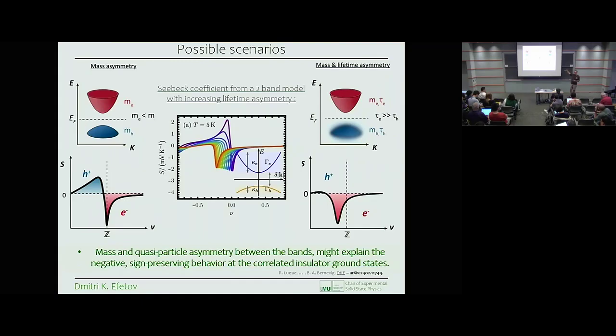It depends on the parameters that you use, and it's really reliant on a finite temperature approximation. If we would go to zero temperature, we would not see this. We would see again a negative Seebeck coefficient. We need to sit at finite temperatures in order to populate both bands, so the kBT has to be on the order of the band gap or energy gap that we have, right?